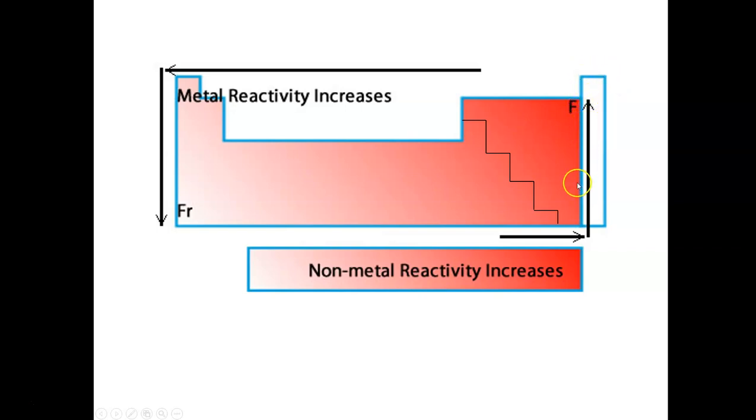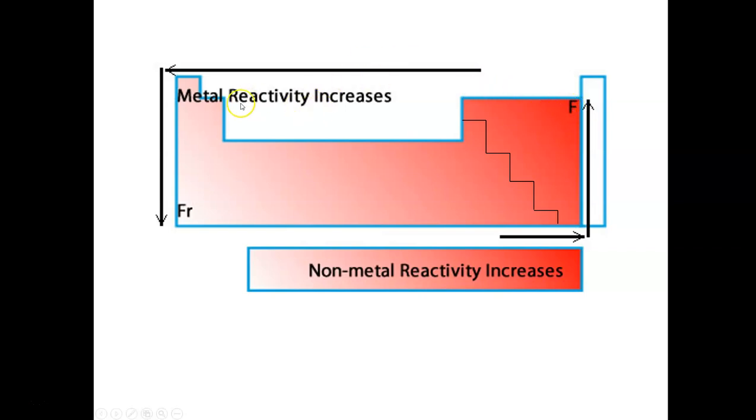But like I said before, the group 18 noble gases don't react with anything because they don't need to. We're going to talk a lot about noble gases in the next couple of chapters. So what's the most reactive of the nonmetals? That would be actually right here, the fluorine. Fluorine's very, very reactive, violently reactive with other substances.